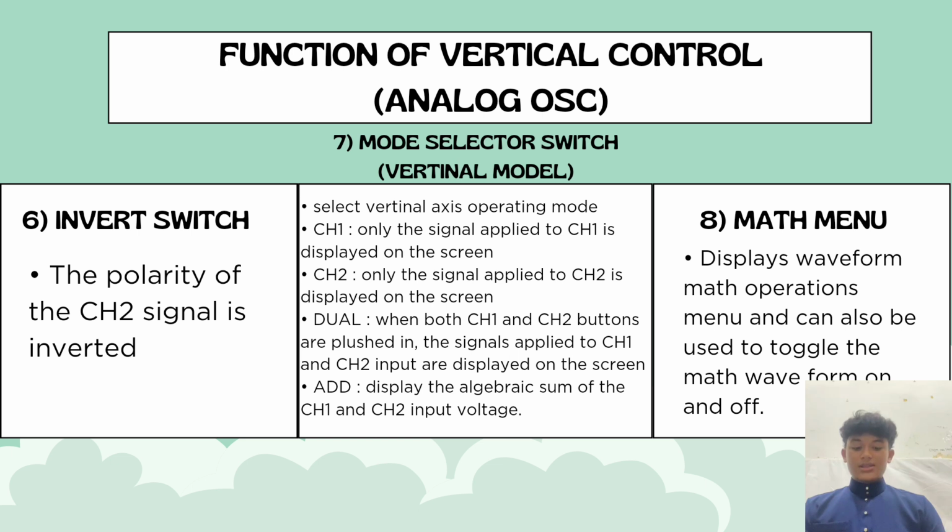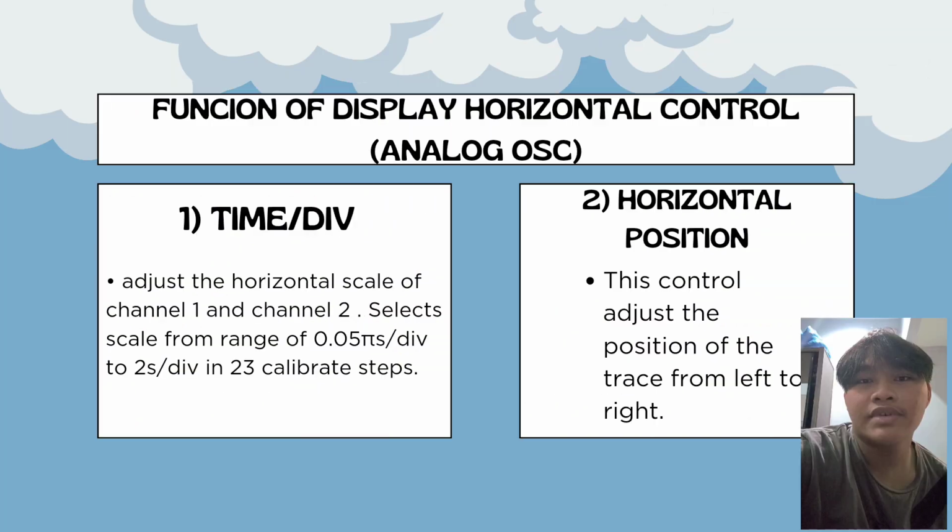Number 8, math menu. Display the waveform math operation menu, and it can also be used to toggle the math waveform on and off. Function of horizontal control, analog oscilloscope. First is time per division.